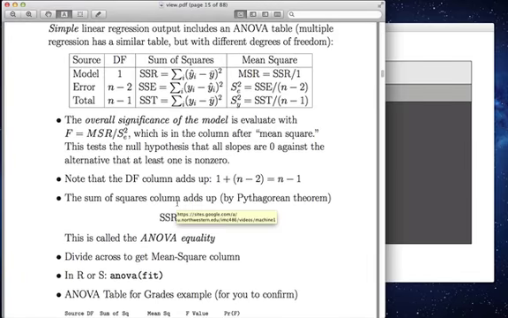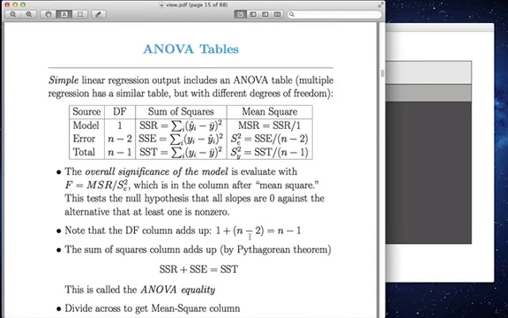The big idea is that we want to decompose the variance in our dependent variable. That variation is specified by SST, which is just saying how much total variation there is in the data. Now we're going to decompose that into two pieces.